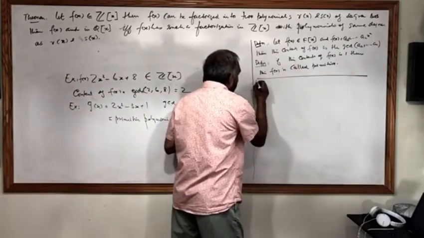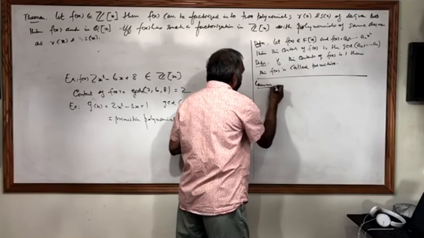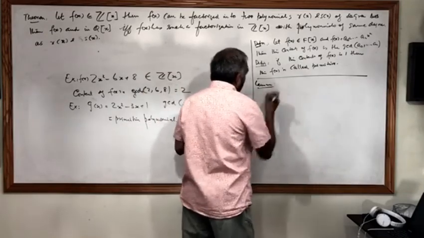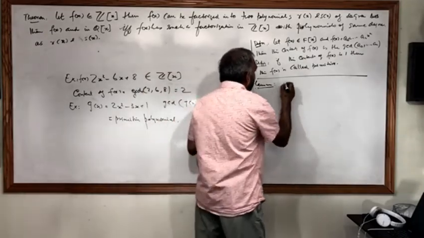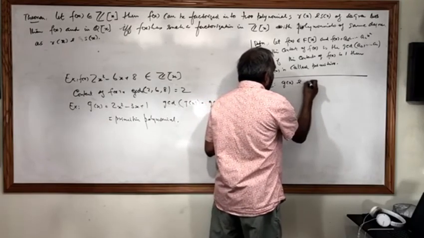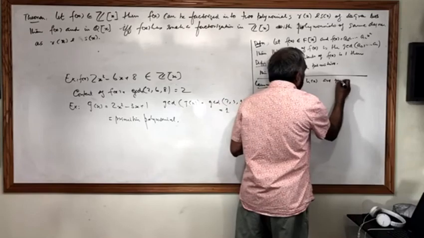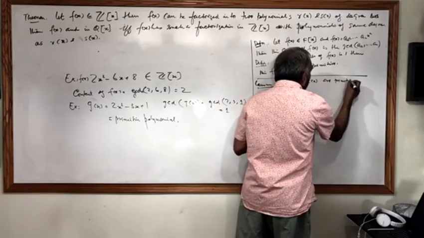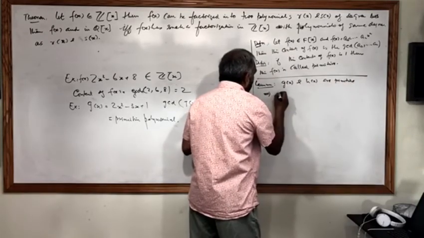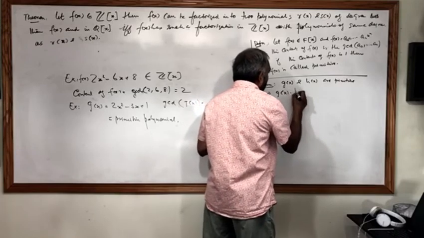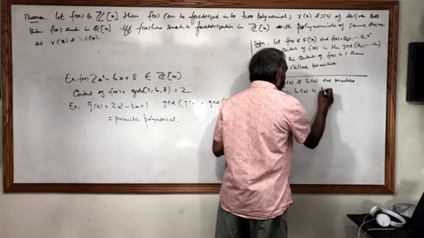And there is a result which we need to show for our theorem, and that is this: if g(x) and h(x) are primitive, then g(x) times h(x) is primitive.